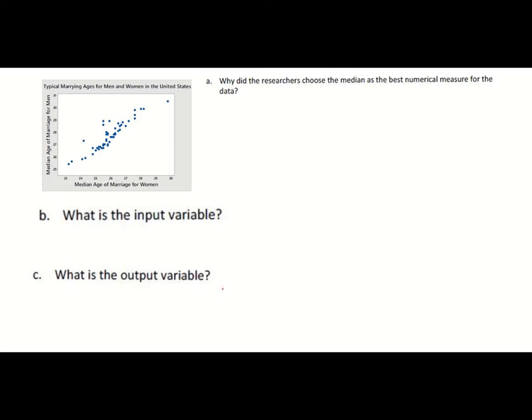Okay, it says, why did researchers choose the median as the best numerical measure for the data?